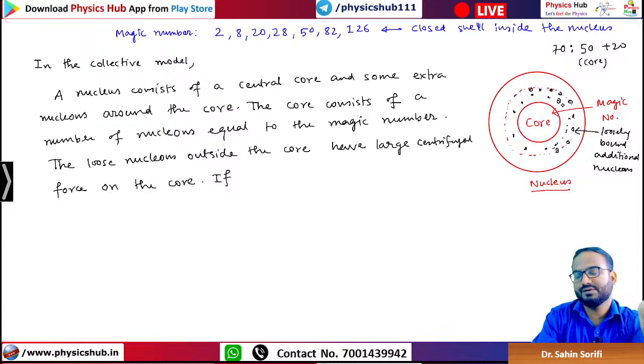So you see, the more surplus or additional nucleons outside the core, the more will be the deformation. Let's say if it is 50, it will be somewhat spherical. Now if it is 55, the influence will be something. If it is 60, the influence will be more. If it is 70, the influence will be greater. And when it is up to 80, 81, the influence will be too much.